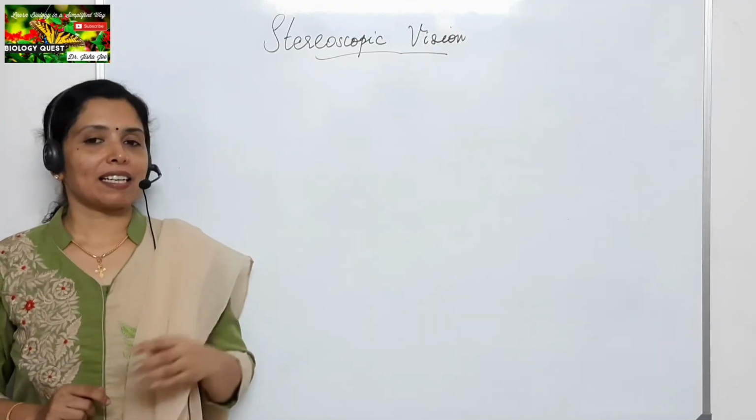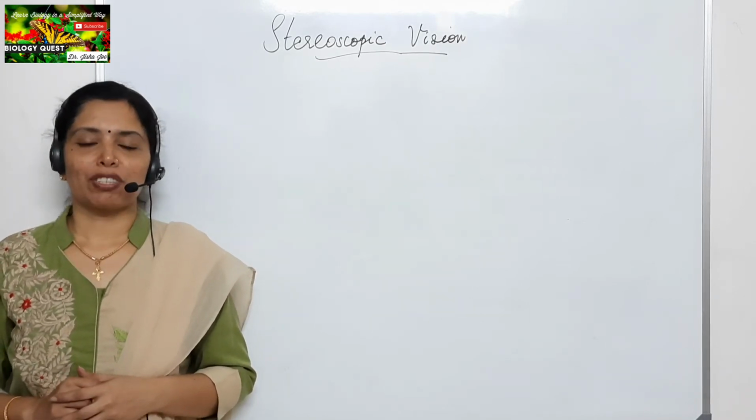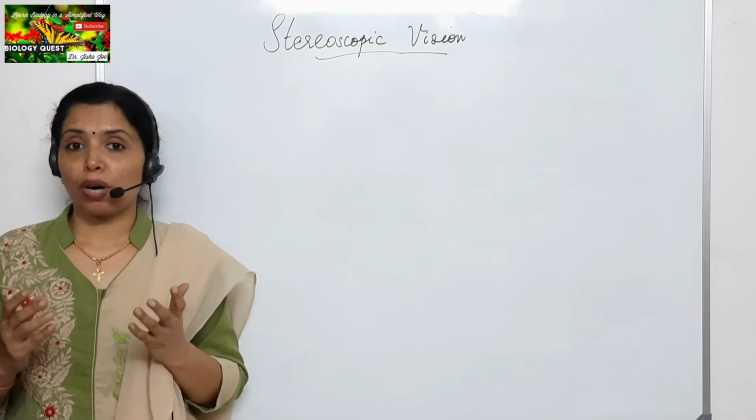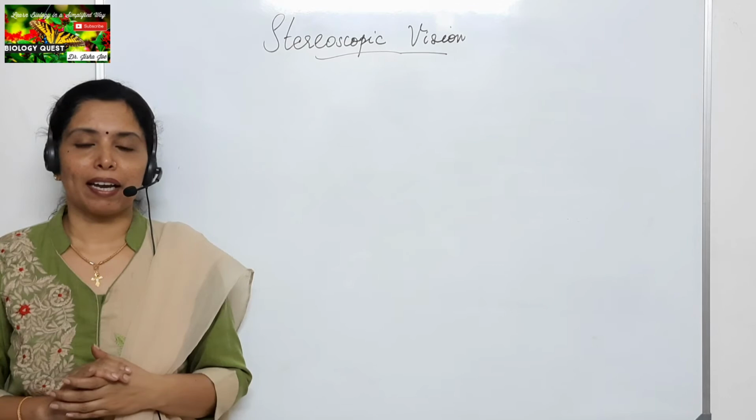Now moving on to the next term, stereoscopic vision. What is stereoscopic vision? We know we have two eyes, and our two eyes are located on the front side of our head.